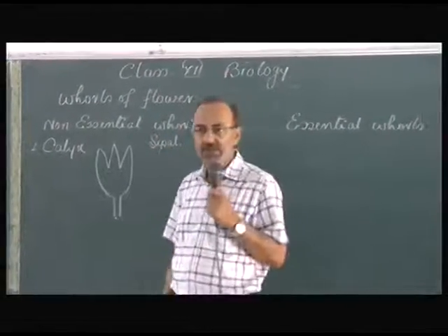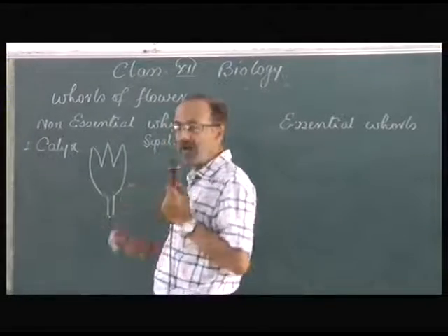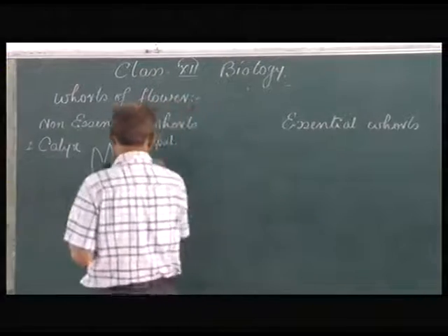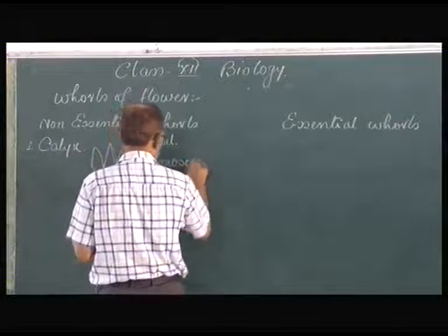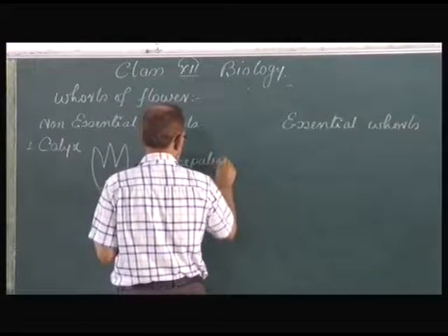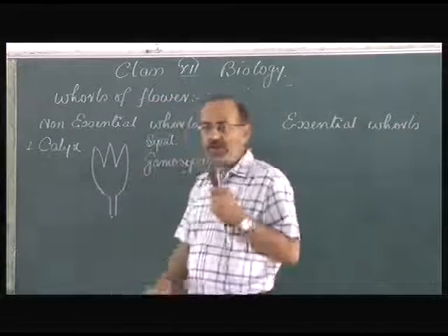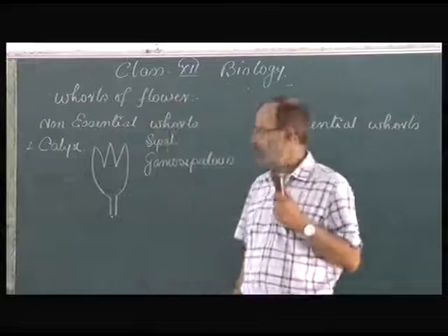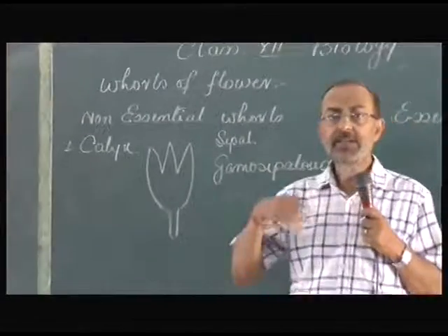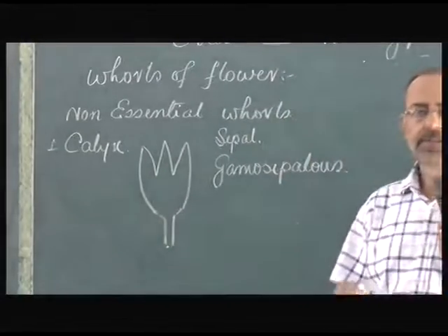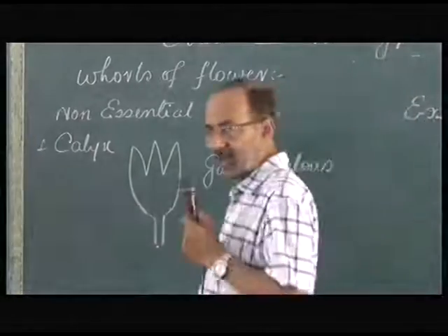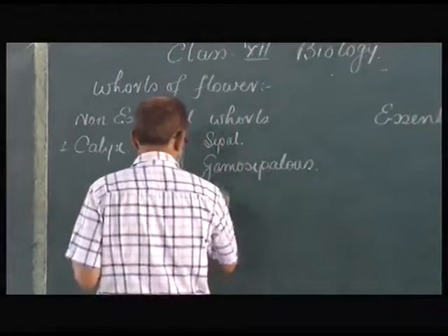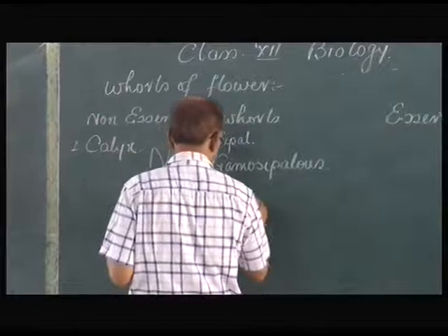Clear? Such condition in which the sepals are united is called gamosepalous. The condition is known as gamosepalous. Whereas in some other varieties of flower, the sepals are not fused, but they are free from one another. That condition is known as polysepalous condition.